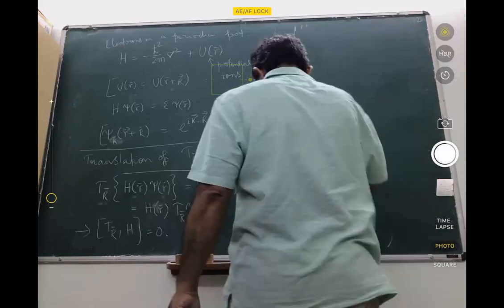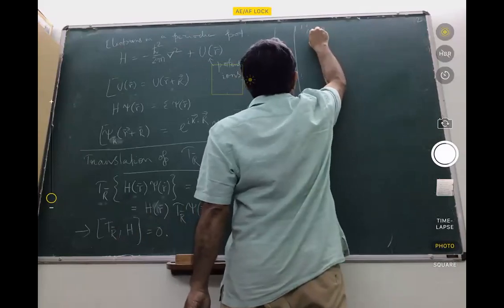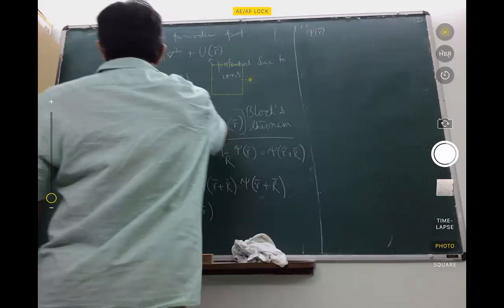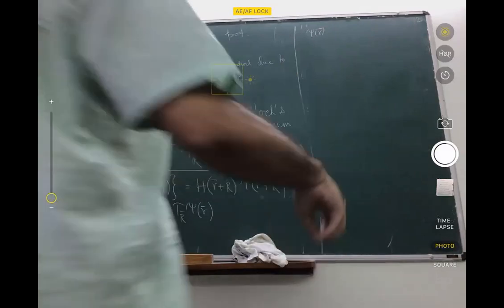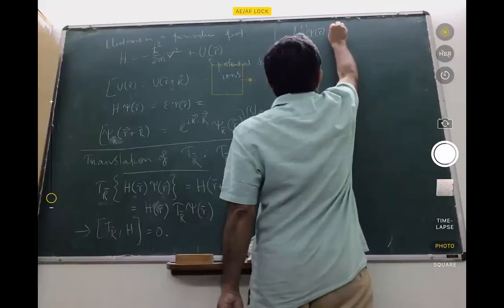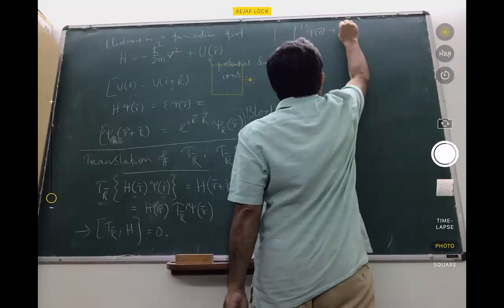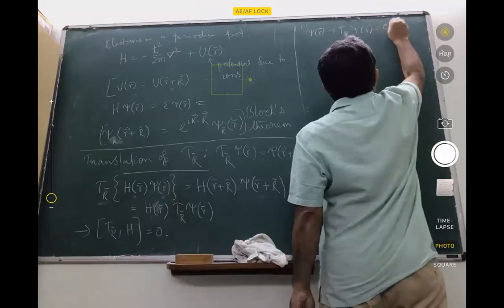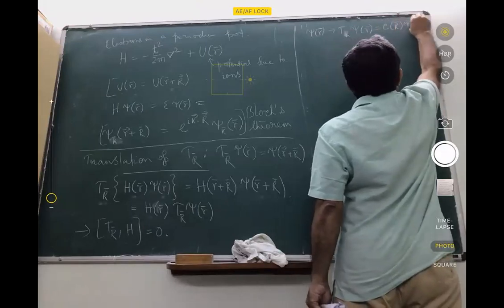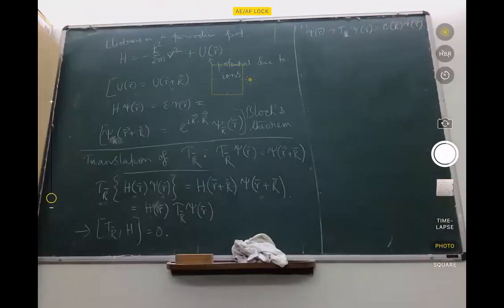So the psi of r that we have written here can be chosen to be simultaneous eigenfunctions of T of R. So what are the eigenvalues? We write this as T of R psi equals C of R psi. So my C of R is the eigenvalue of the operator T of R with psi as the eigenfunction.